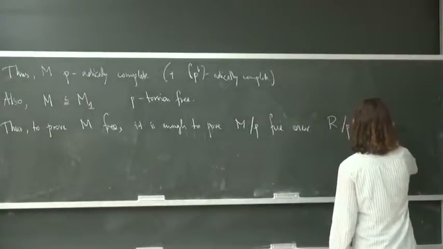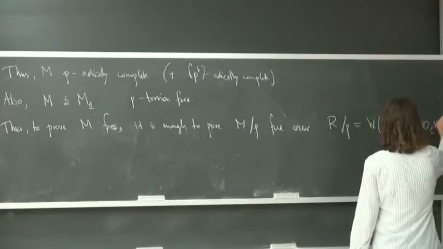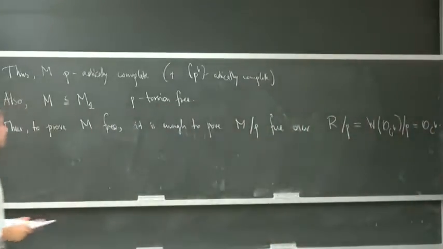Recall that this is the ring of Witt vectors of O_C flat mod p, so it's just O_C flat. Where is the p-adic completeness coming from? It's open and bounded inside M1, and I said that open and bounded submodules are adically complete if the ring is.